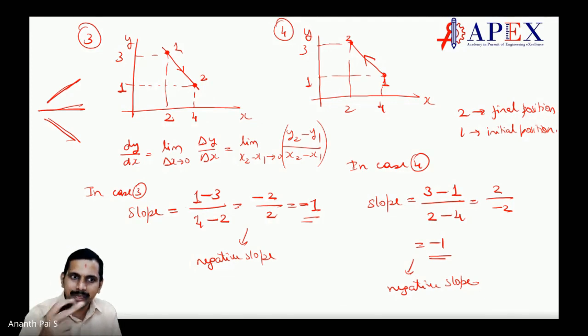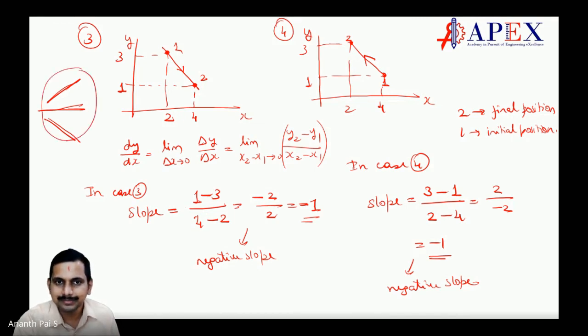But I'm proving why this is negative and this is positive. That's what I'm doing. From the maths and the looks, I'm telling you. If I just said this is positive, this is negative, this is zero, it's not enough. You will not get the in-depth knowledge of how dy by dx will be this.